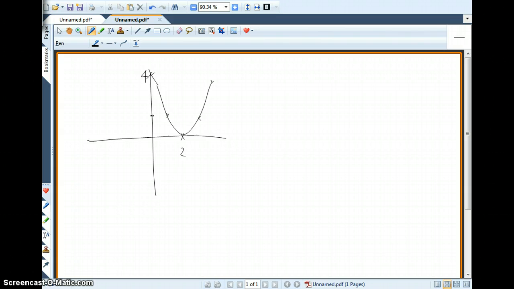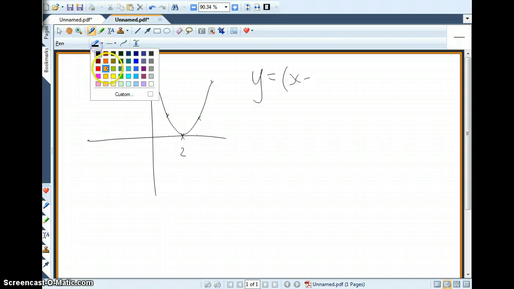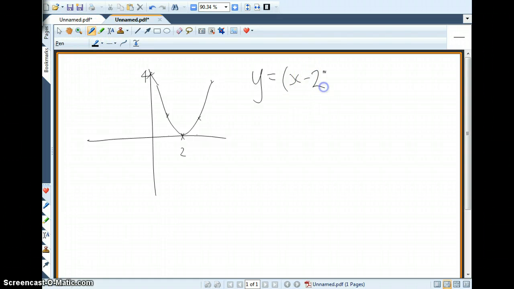That equation looks like this: y equals x minus 2, squared.